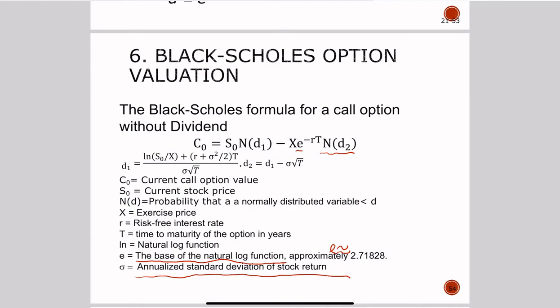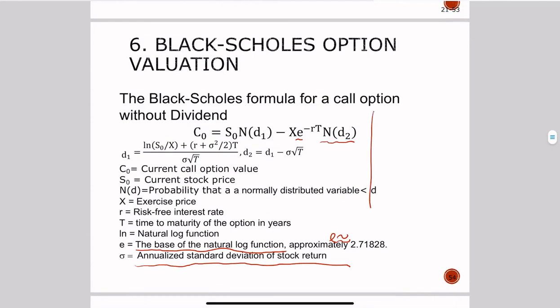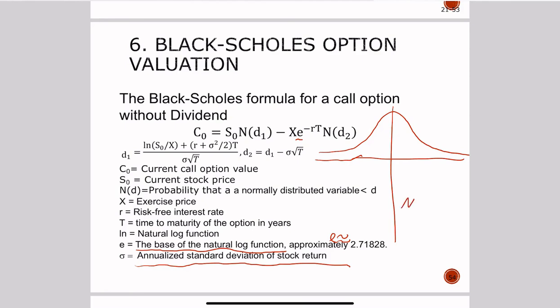If you think about the probability density function of a standard normally distributed variable, it looks like this, a very nice bell shape. Let's say you want to find N(0.5).